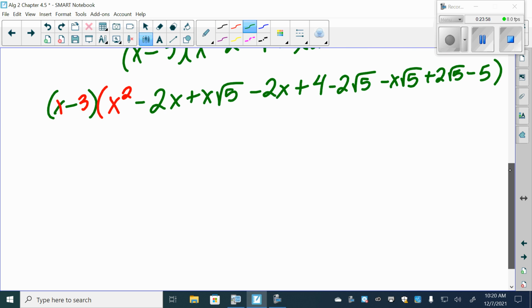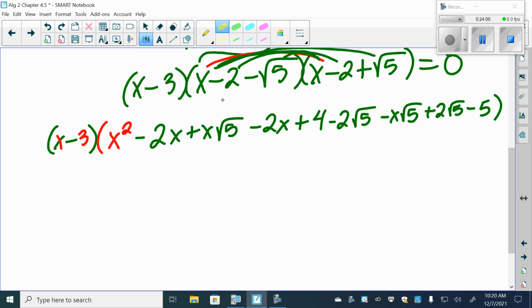But let's look at something else here. Well, here we have x square root of 5, yes? And over here we have negative x square root of 5. They cancel each other out. We also have negative 2 square root of 5 here and plus 2 square root of 5. Well, these cancel too. So do we have anything left in here with the square root? No. That's why we do these first.